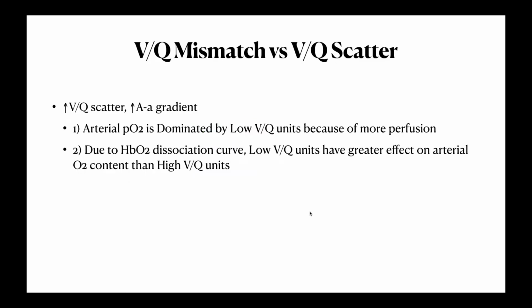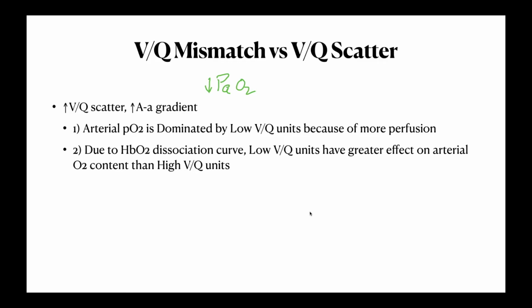Now, when you've got an increase in VQ scatter, you do get an increase in your alveolar arterial gradient. In other words, you do get a reduction in the partial pressure of arterial oxygen. And the reason for that is that your arterial PO2 will be dominated by low VQ units, because by definition, low VQ units have more perfusion.